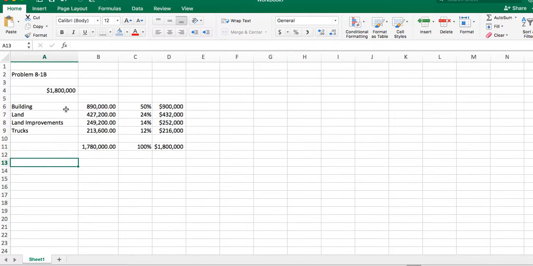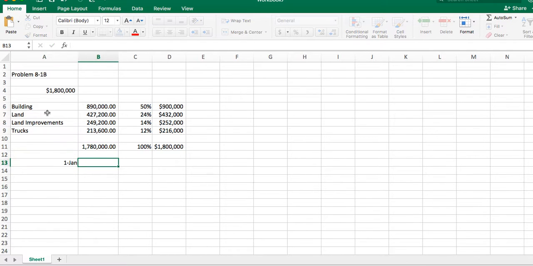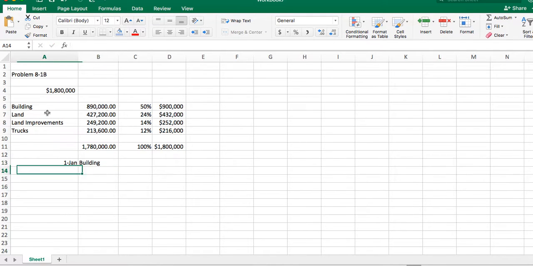Now we do that because each of these assets has a different useful life, and to depreciate that, we have to have those separated. So to do the journal entry for that, on January 1, we have a building, which is a long-term asset. We have land improvements, and we have trucks. And we paid for all of that with cash.